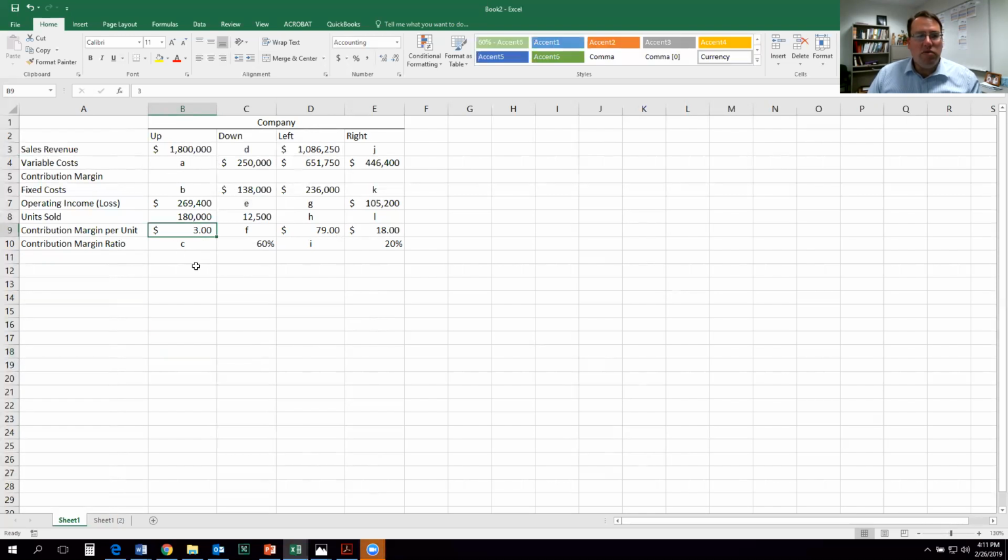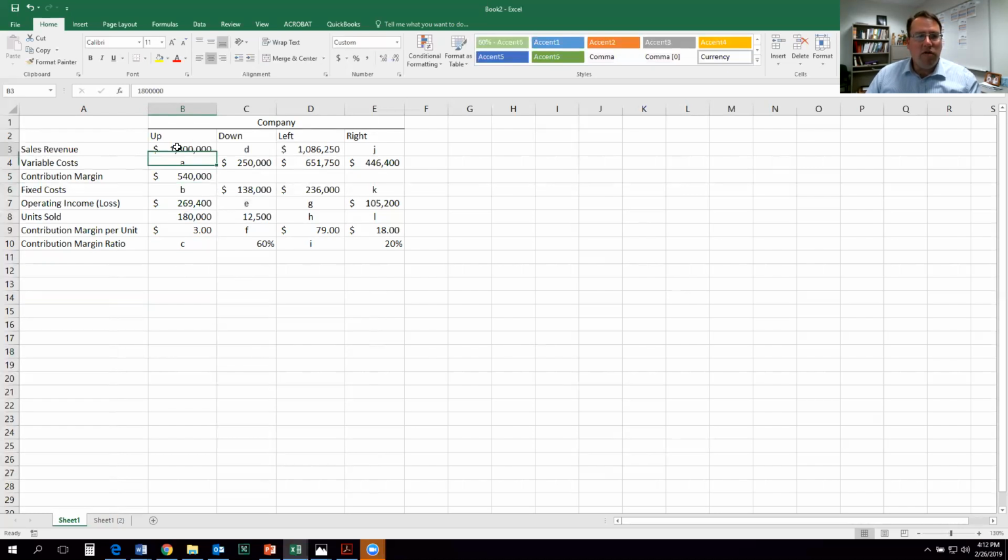I do know my contribution margin per unit, and I know my units sold. So if I know that contribution margin divided by the number of units sold gives me my contribution margin per unit, then I also know that my contribution margin equals my units sold times my contribution margin per unit. So that gives me my contribution margin, and that's the key to unlocking the rest of these.